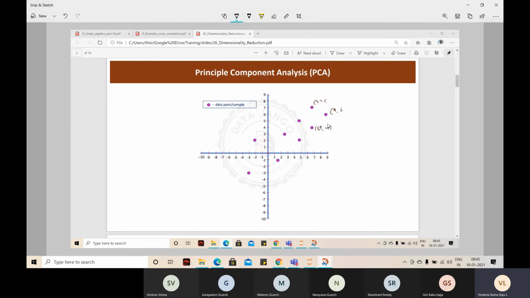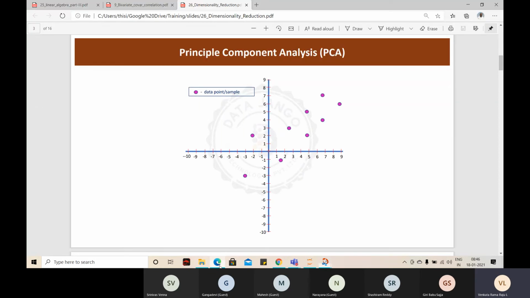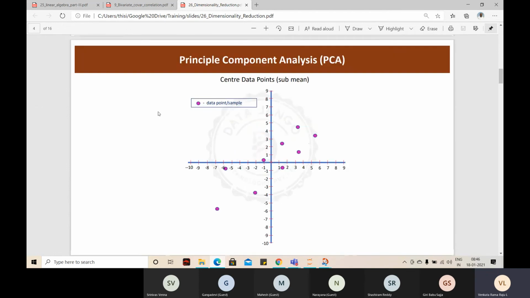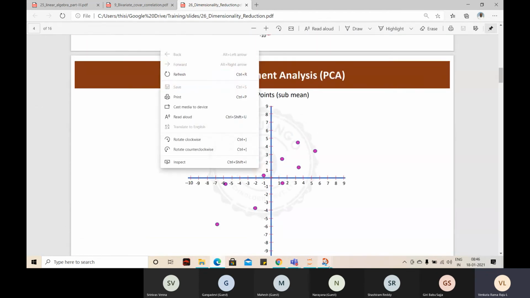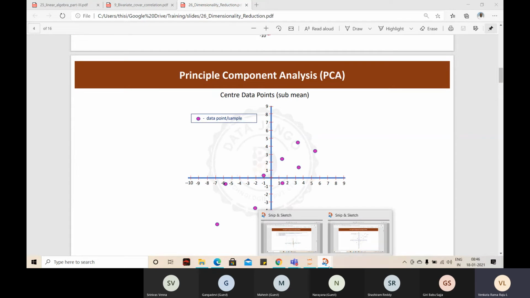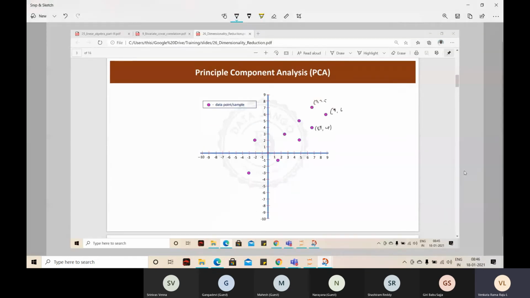So now when I actually did the eigenvalue decomposition, when I did the PCA, principal component analysis, the data is like this. Let me go back. So the data is like this: x1, x2. We are not considering y.